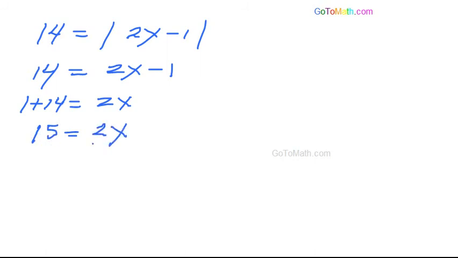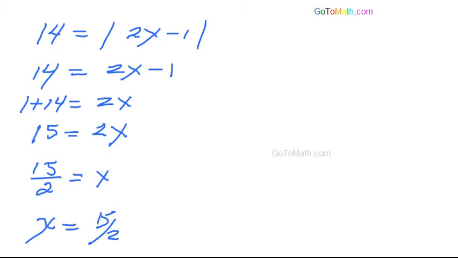I know all about it. And so take that 2 diagonally down, so we have 15 over 2 is equal to x. And of course, that's the same thing as writing that, and that's what you probably have seen. Alright, x equal to 15 over 2.